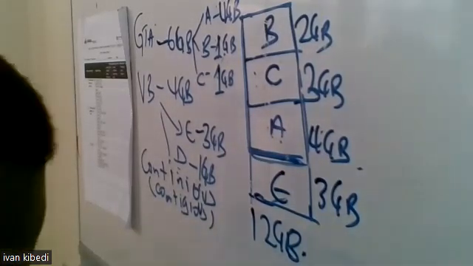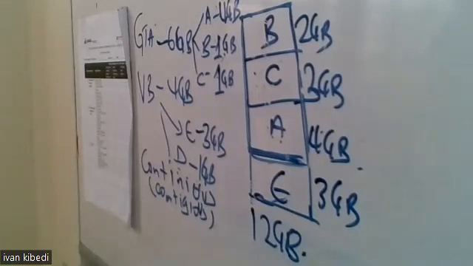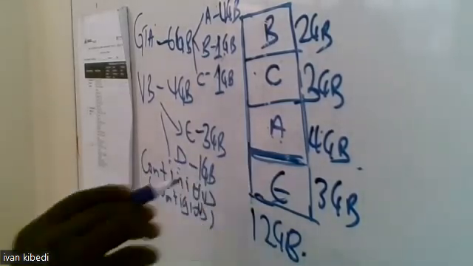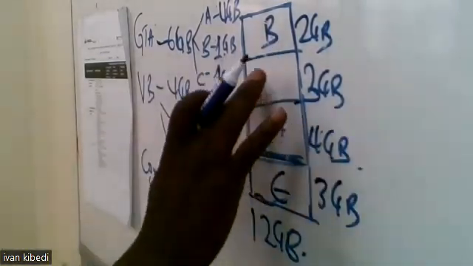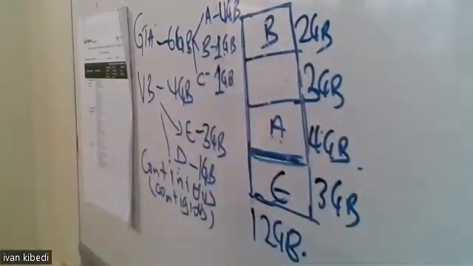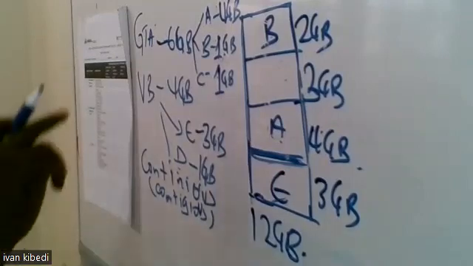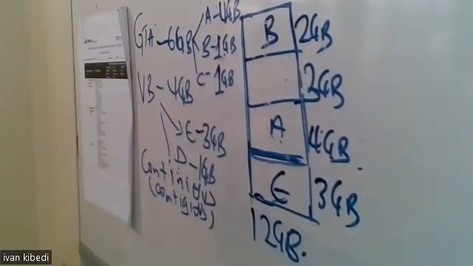That's now segmentation. Another point about segmentation is this. Assuming part C, instruction C of GTA has been finished, and then it leaves this space.